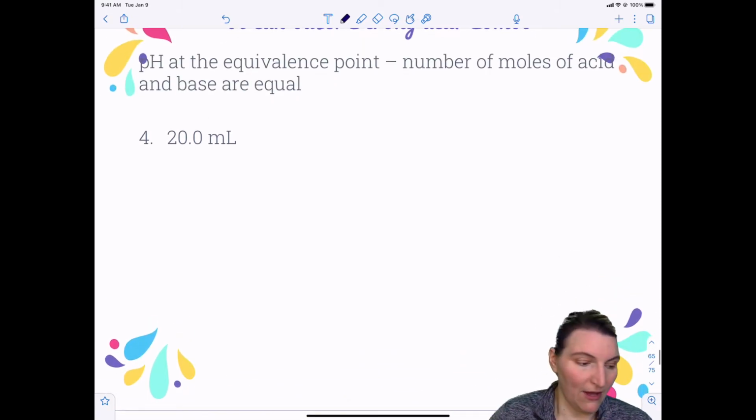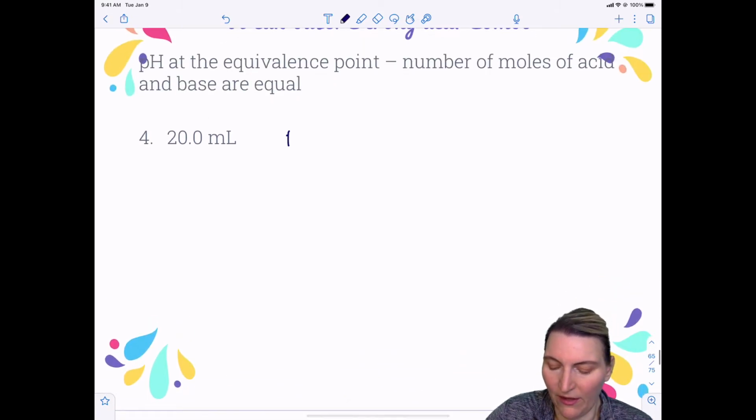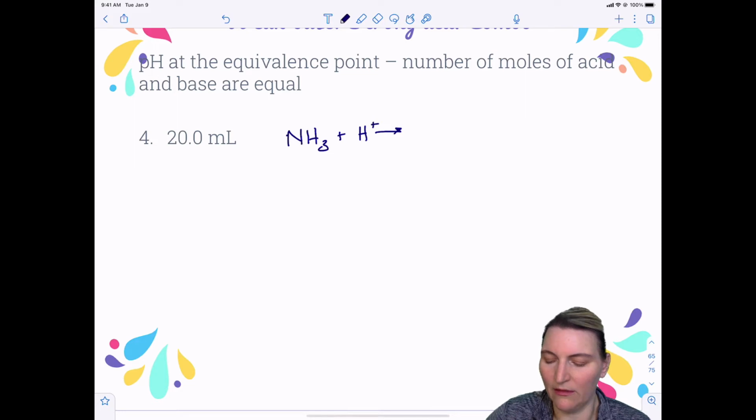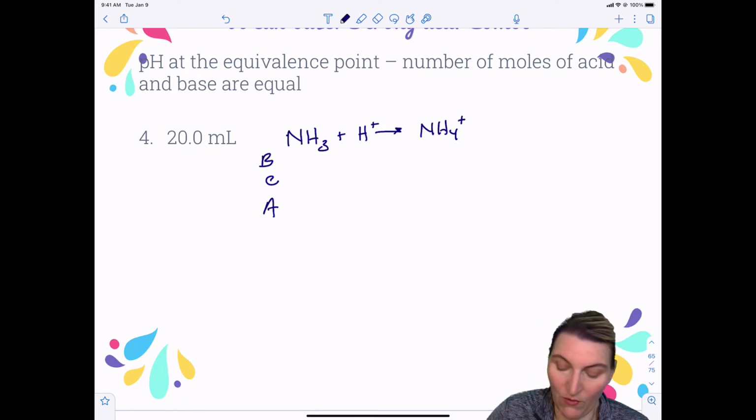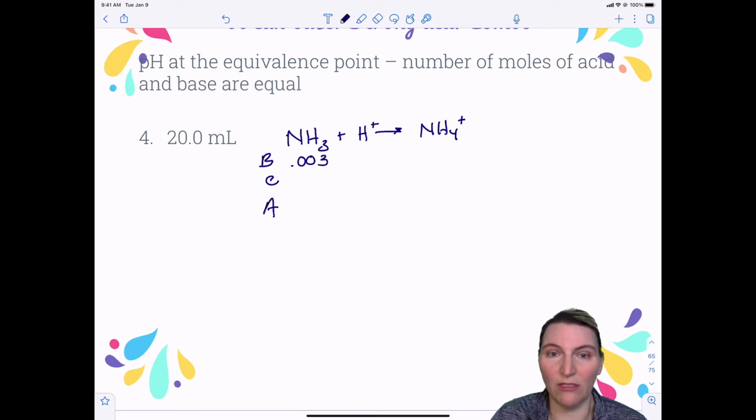So first off, I like writing out the chemical equation for what's happening with a BCA chart, because if we just say every single time we do one of these problems, it's BCA, then ICE, then it's really just one method that you need to remember. And we've already looked at this: this is 0.003 moles of NH3.